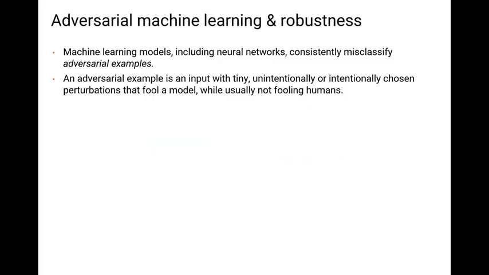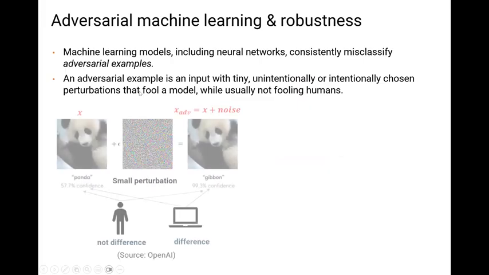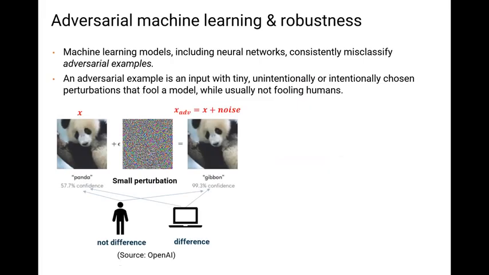Some of them are due to what we call adversarial examples. What are they? For example, if I take this panda image, a human can easily identify that it's a panda, and a machine with sufficient training will be able to classify it as a panda.